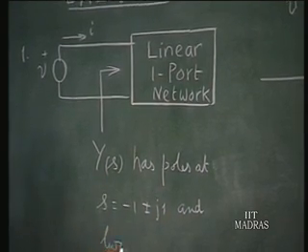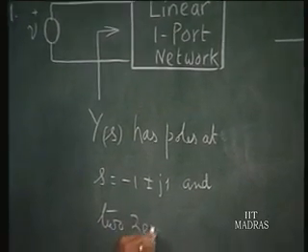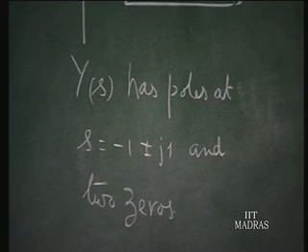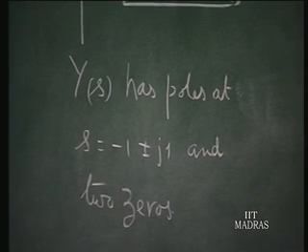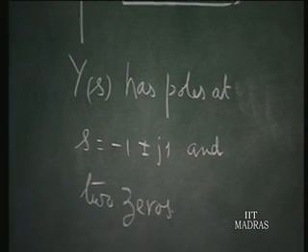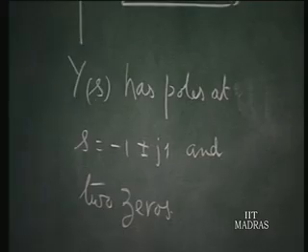The locations of the zeros are not known to us. So, this is a network function with a quadratic in the numerator and a quadratic in the denominator with a particular scaling factor. The zeros are not known, the poles are known to be at -1 plus or minus j1, the 2 complex conjugate poles.